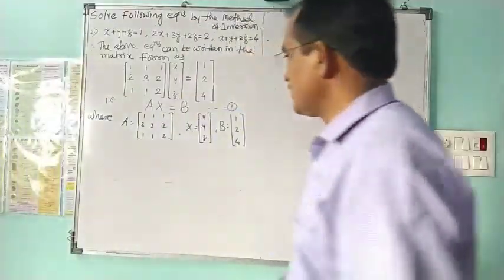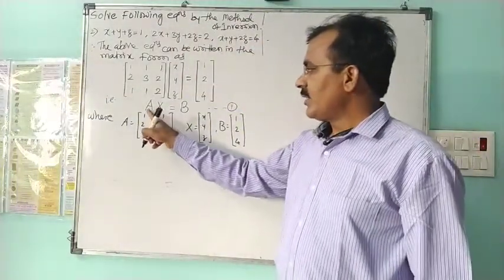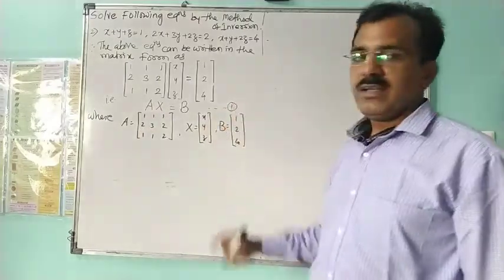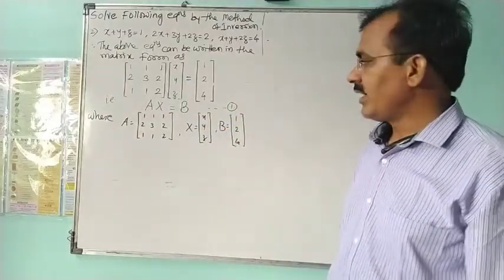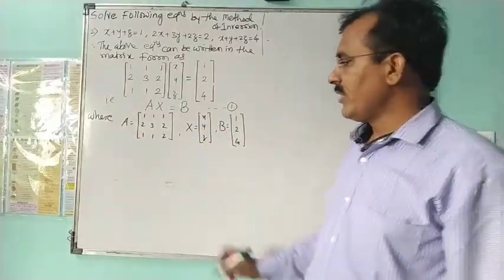Now the procedure is once again the same. Multiply this equation by A inverse, that means pre-multiplying equation 1 by A inverse.